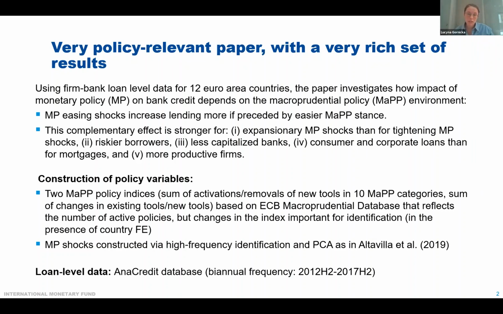The second index does also take into account these policy changes of already existing tools. Those indices are constructed using the ECB macroprudential database, and as I understand, they should reflect the overall tightness of the macroprudential policy stance. But really, in the presence of the country fixed effects that are in most regressions, changes in the index are very important for the identification of the effects.